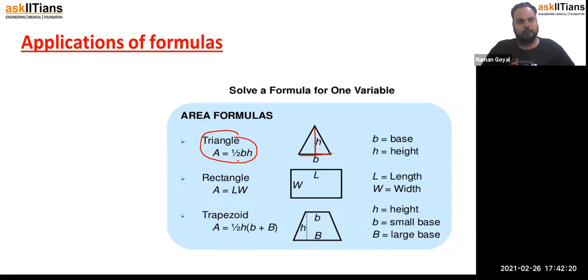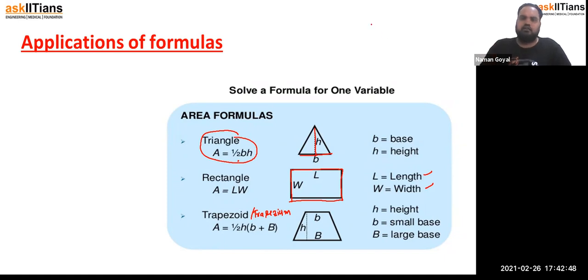Any doubt? No doubt. Okay, now see, if there is a rectangle whose capital L is length and capital W is width, the area of that rectangle is length into width. We already learned about that. Now trapezoid is also known as trapezium. In most places you get the name trapezium.